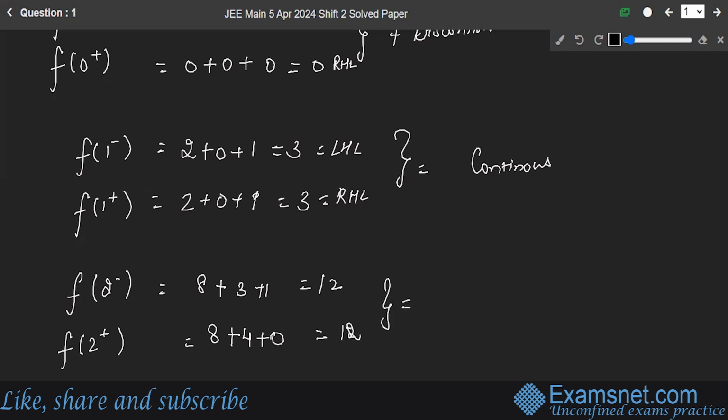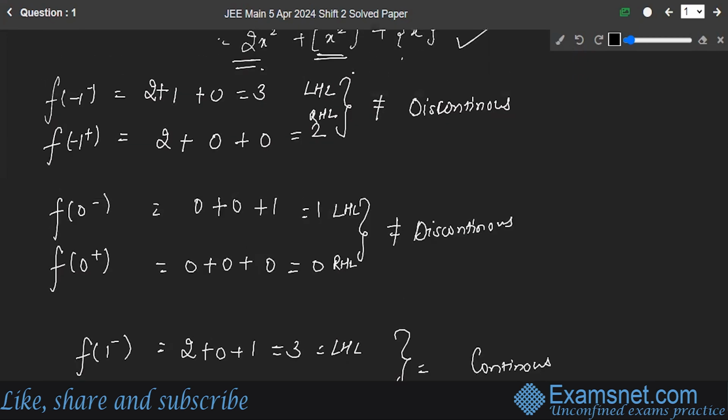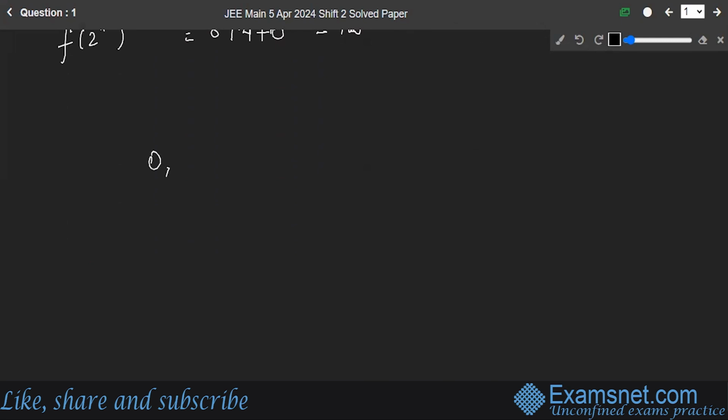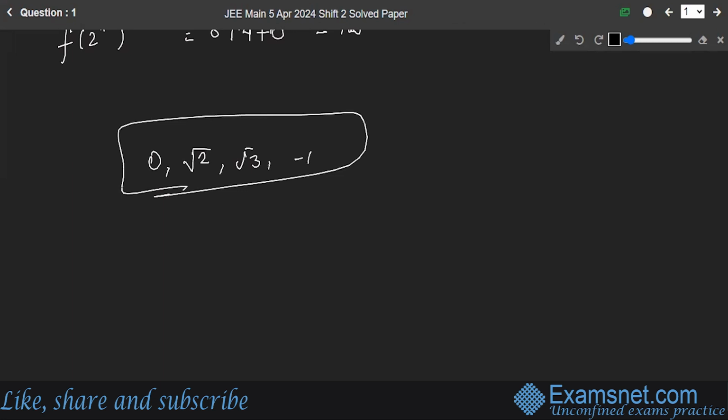That means LHL and RHL are both equal, so the function is continuous. So these are the points where it is continuous, 1 and 2. So the function is discontinuous at 4 points, and those are 0, root 2, root 3, and minus 1. These are the 4 points where the function is discontinuous.